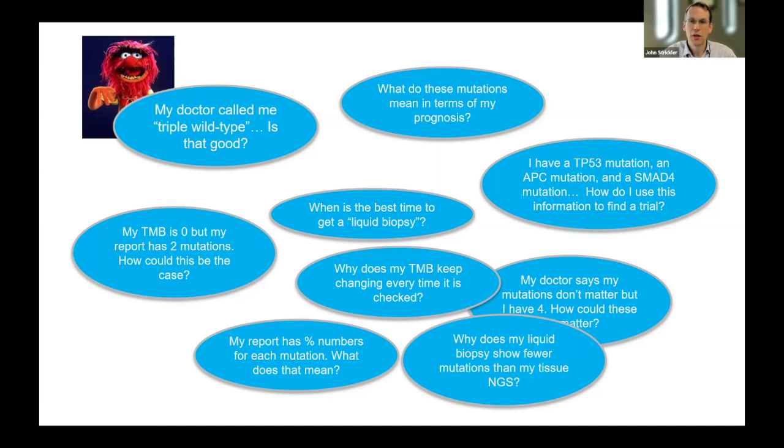So tissue NGS sometimes will give a more comprehensive panel of that portion of the tumor, but the liquid will just look at the fragments of the DNA in the bloodstream. So if the person is on active treatment, sometimes there will not be a lot of fragments floating around for that test to find. All right, let's dive into the reports.